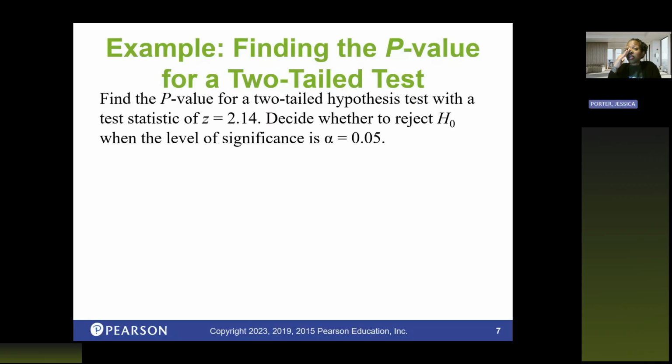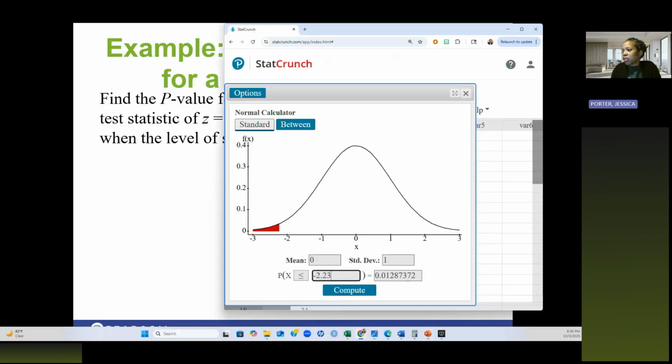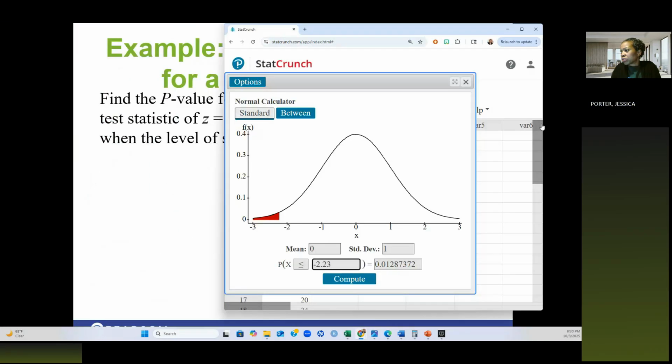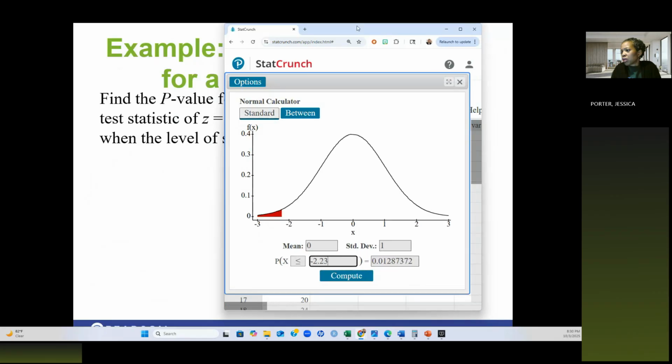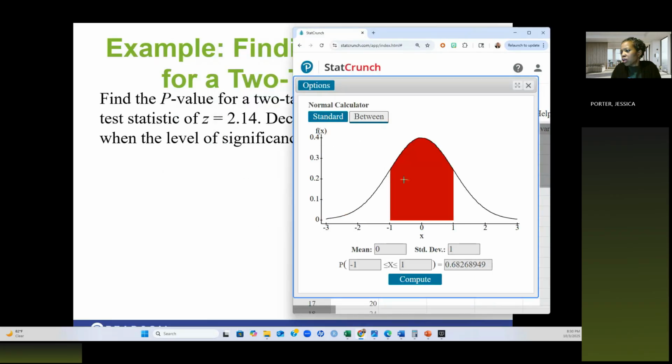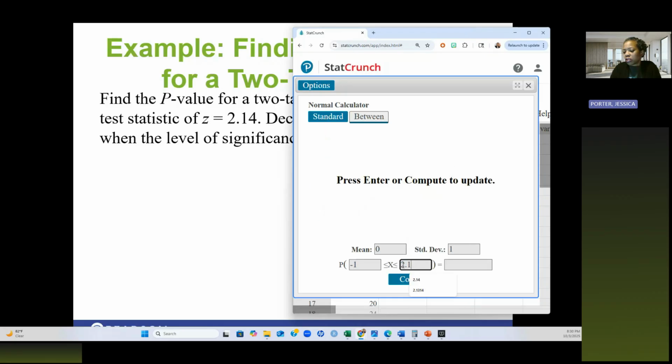All right, we're going to find the p-value for a two-tail hypothesis test with a test statistic z equals 2.14. Now, in technology for this one, you're going to have to work backwards from what they give you. So it's a two-tail test. You're on the between calculator. z equals 2.14.